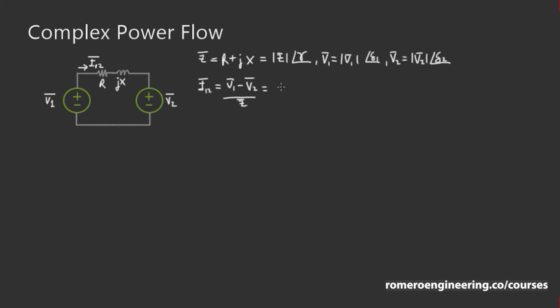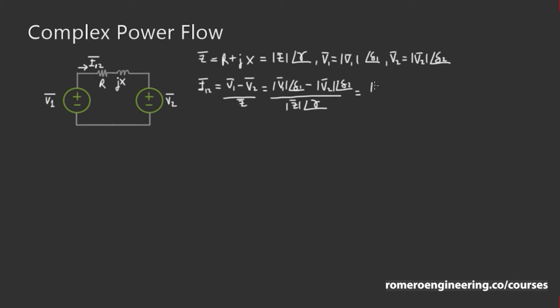So I'm going to say that this is going to be equal to the absolute value of V1 at an angle of delta 1 minus the absolute value of V2 at an angle of delta 2, over the absolute value of Z at an angle of gamma. And now I'm going to go ahead and distribute the terms, so I'm going to separate V1 and V2.